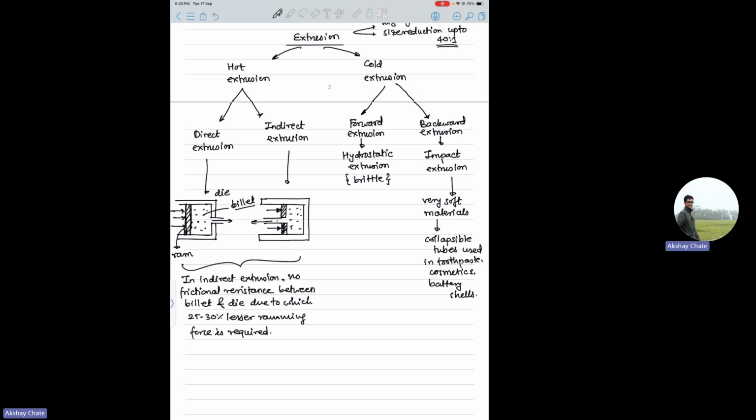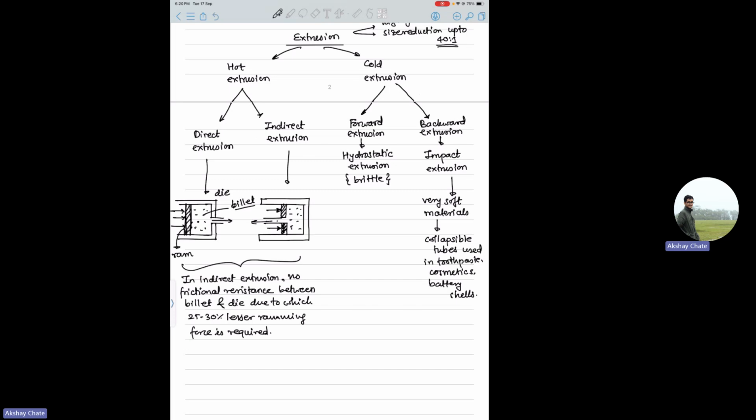That's why you can't have hard materials here, because to deform hard materials using gravitational energy, you'll need very large height, or you'll need a mechanical ram or electrical press or something like that, hydraulic also.